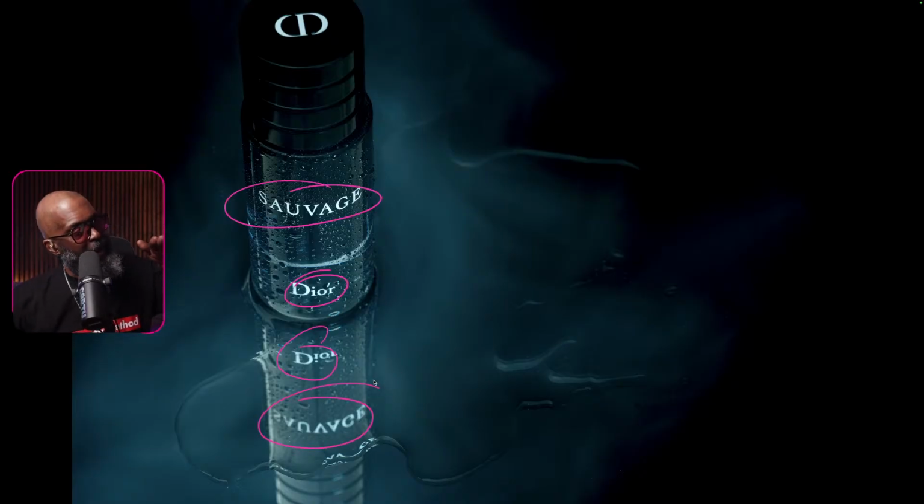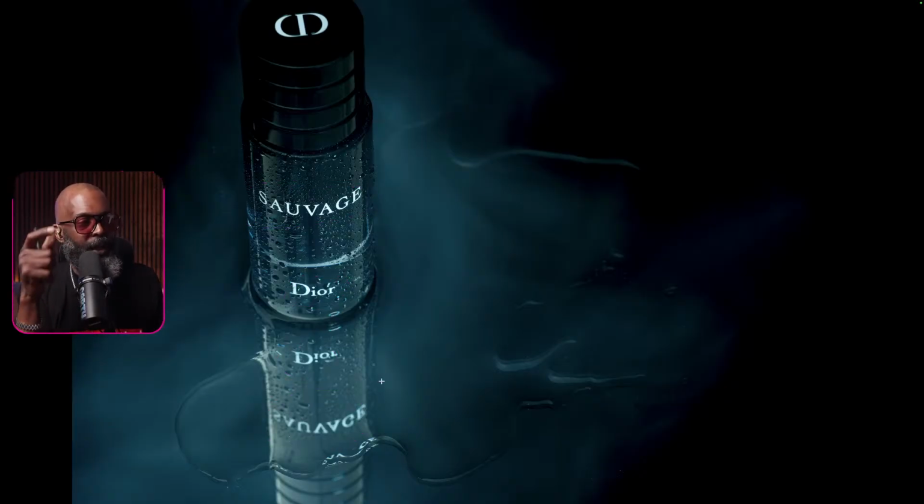Why not lay the bottle flat, do a top down, and then we just see a reflection underneath? You know what I mean? There's different ways for you to use reflections. It doesn't have to be so literal. And I think in you trying to make this so literal, it really hurt your composition.